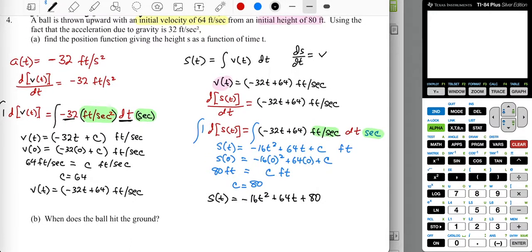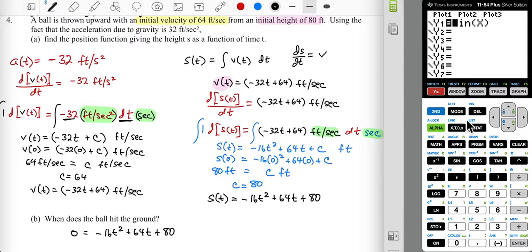Alright, so then everything after that is just algebra. It's like, when does the ball hit the ground? Well, that would be when the height is equal to 0. And you could solve that any way you like. You could use a graphing calculator if you want.